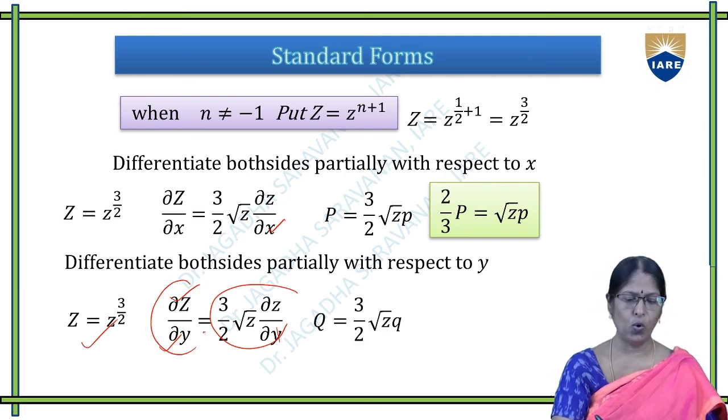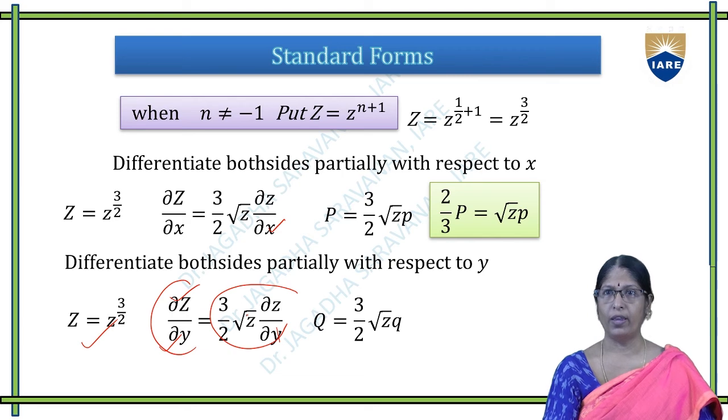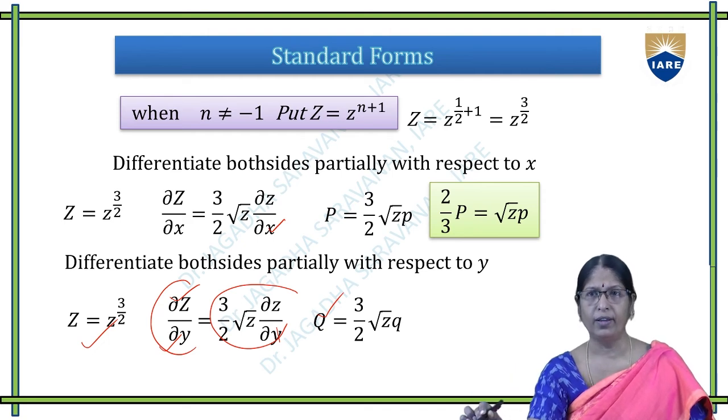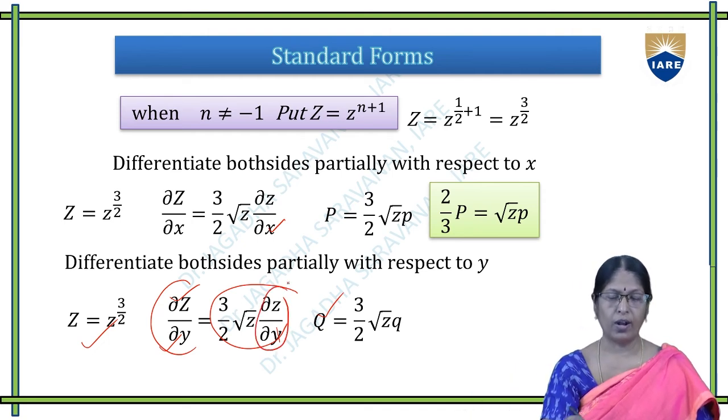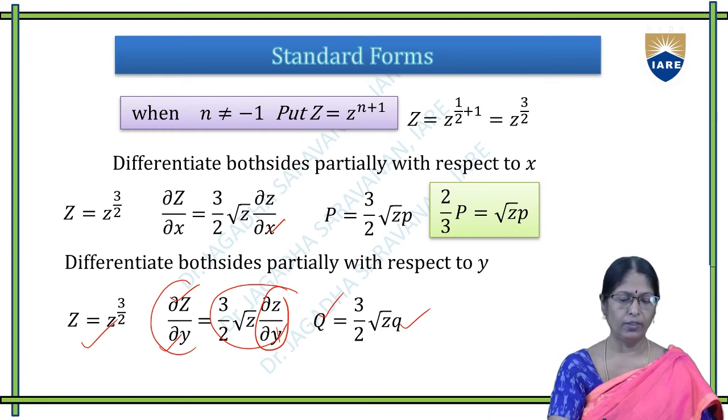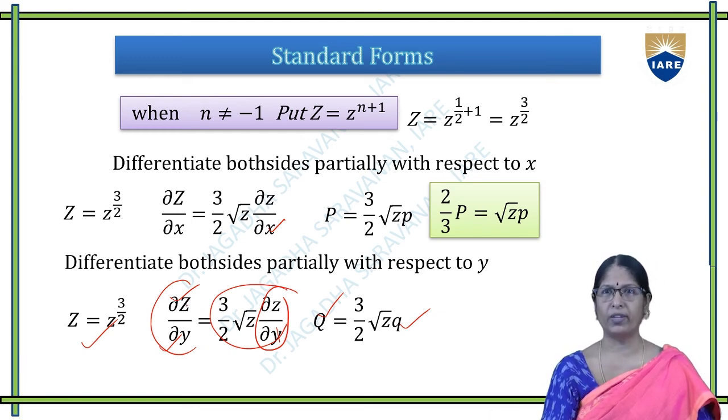Now this dou capital Z by dou y, the notation is capital Q. We can keep it in mind very clearly that both are lower cases, that is small q notation. This is not any mathematical method, just an idea: if the numerator or denominator has a capital variable, we can assume capital notation.